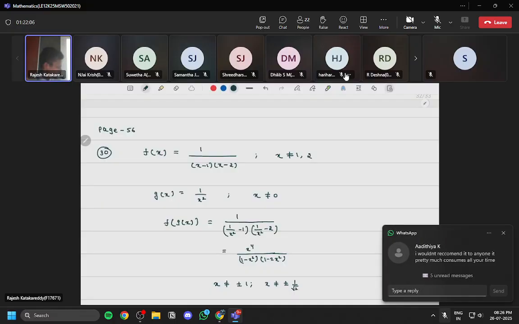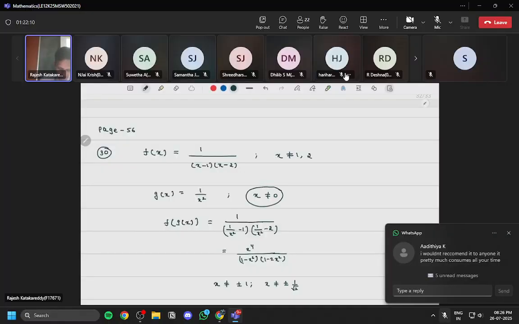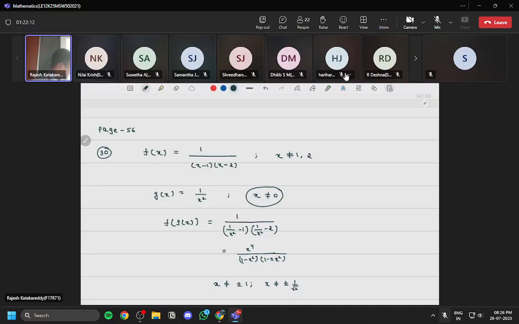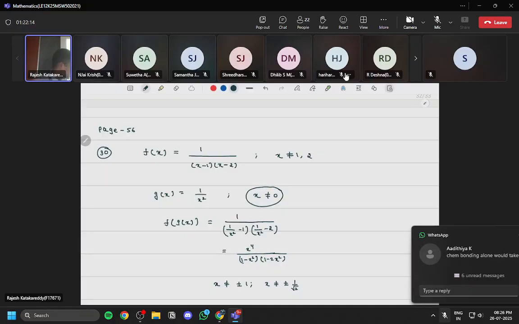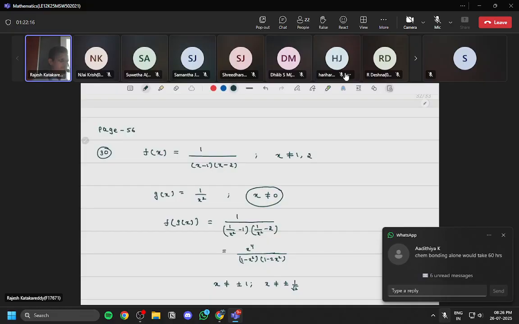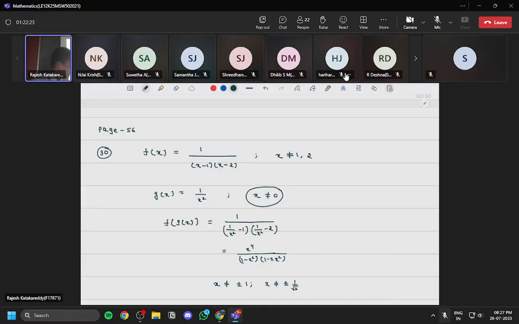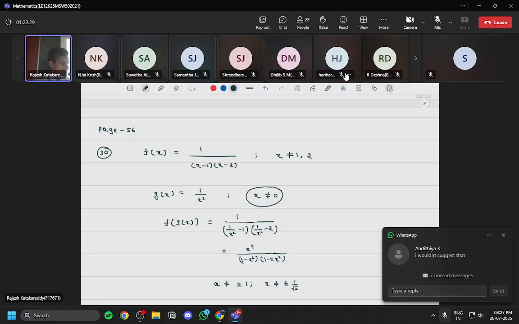If I remove these 4 points, including x not equals to 0, because in the domain of f of g, 0 won't be there, domain will be domain of g only. 0 is not there. g of 0 is not defined. That means f of g of 0 is not defined. Function will be discontinuous at 0.